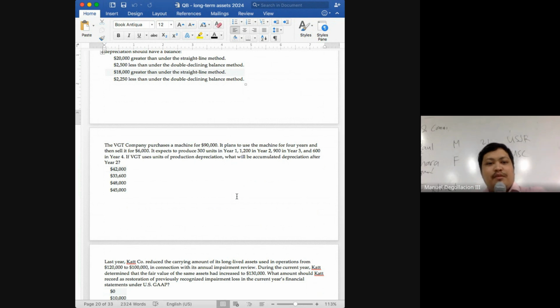Do we multiply 50% by 90? No, make sure to use the depreciable cost. How much is the depreciable cost? Depreciable cost would be 90 minus 6, so this would be 84. Multiply 84 by 50%. I hope everyone got where we got the 50%.